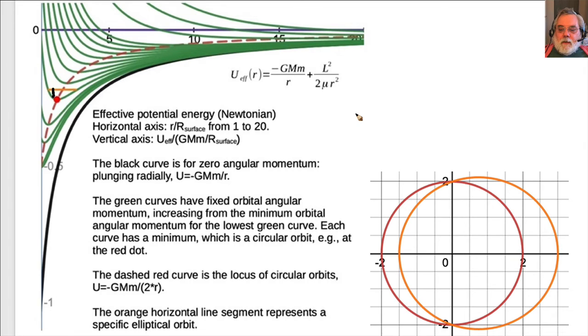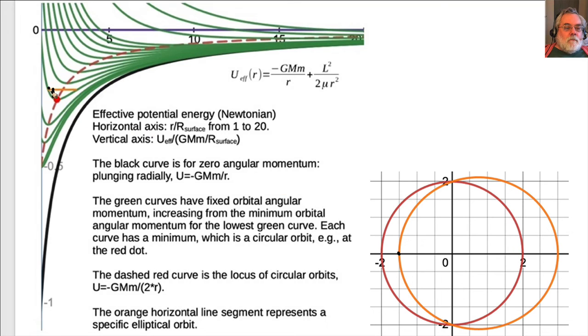This radial kinetic energy is 0 at the turning points. So at this turning point, here, if this were around the sun, this would be perihelion. At that point, the radial kinetic energy is 0 at the turning point.